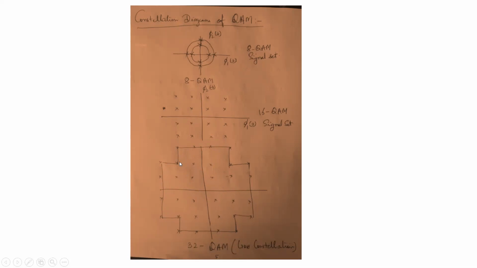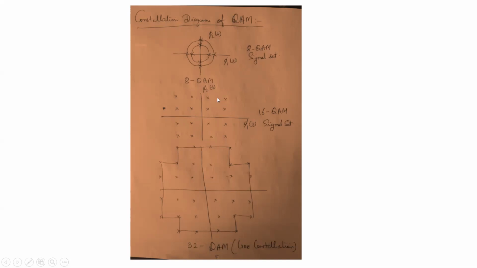Now let me explain once again what is the meaning of this constellation diagram. A constellation diagram is just the representation of signals on a diagram basis. Meaning, I create 2 basis functions.